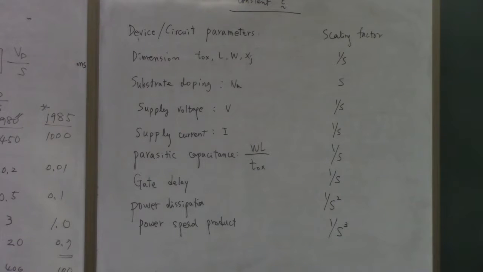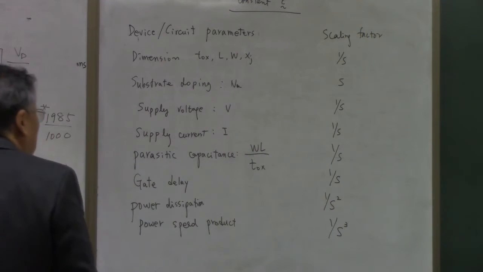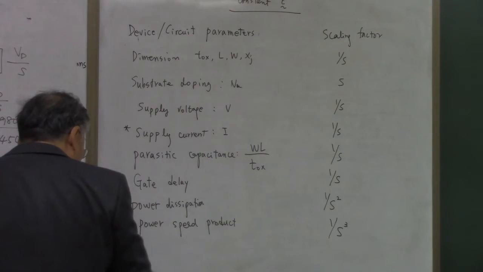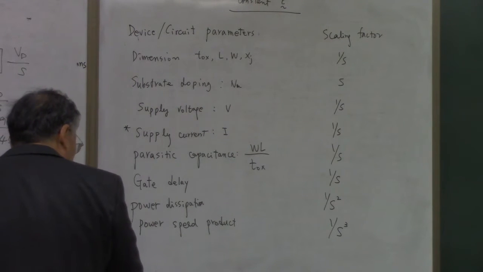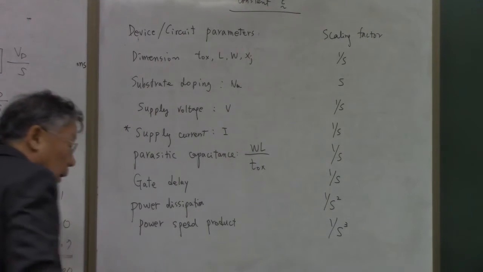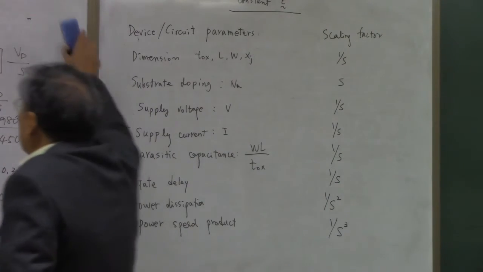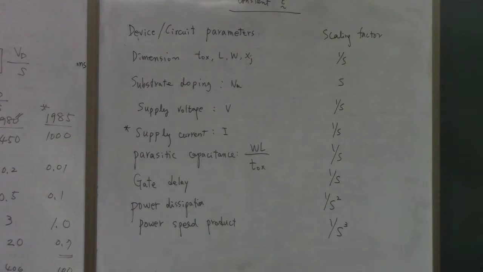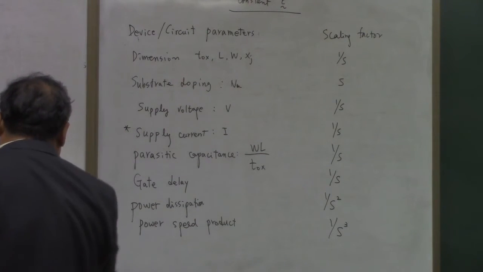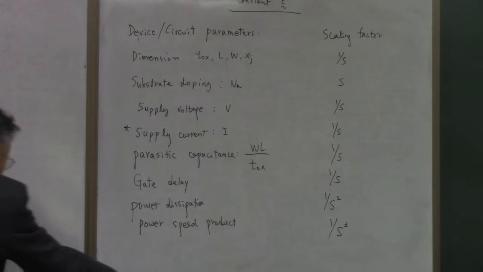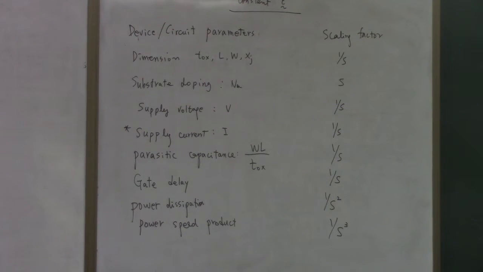Now let me give you the problems that we can have by this scaling. We have these benefits. Except for this supply current thing, all the other factors are the benefits we can get out of scaling the MOS device, okay? Now, what kind of problems can we think of from this scaling? Even if we don't have any problems, we cannot reduce the device to the limit.